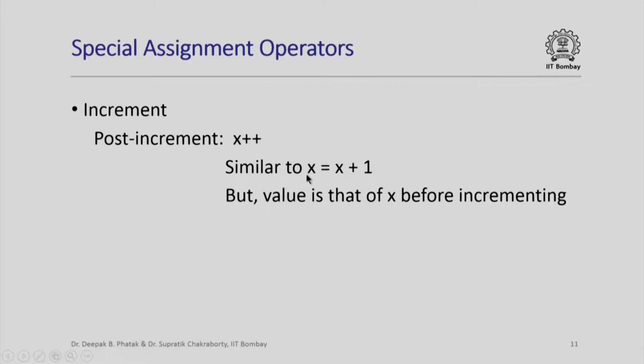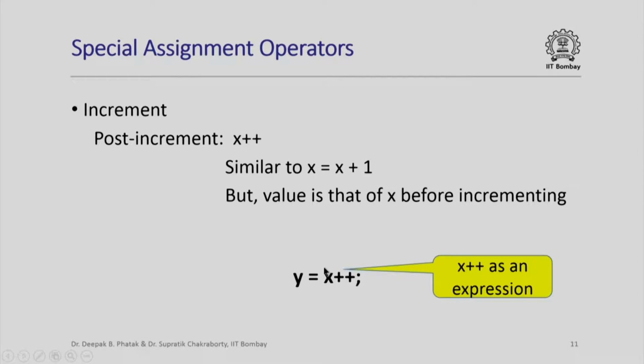The only difference with this expression is that in this case the value of this expression x plus plus is the same as that of x before incrementing. So x plus plus is an expression which will have the type and value same as that of x before incrementing, but it will have a side effect which will increment the value of x. So for example, if I have an assignment like this, y is assigned x plus plus, then x plus plus here is being treated as an expression with the post increment operator.